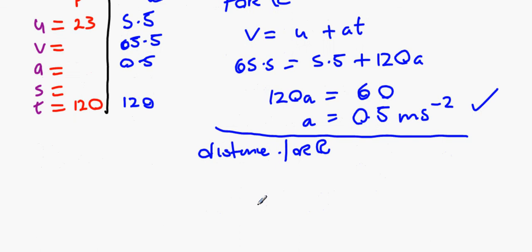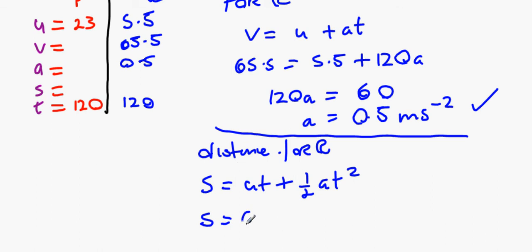And once we do the distance for Q, we're just going to use S equals UT plus a half AT squared. So S equals UT plus a half AT squared. And what we're going to get here is S equals UT. So that's going to be 5.5 T. So 5.5 multiplied by 120 seconds plus a half. A is a half as well.